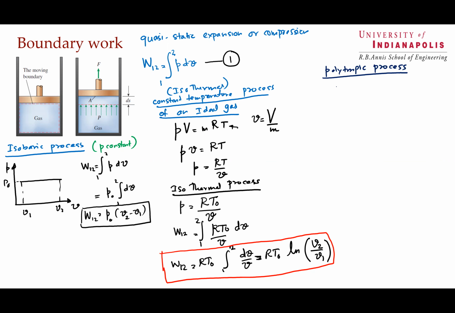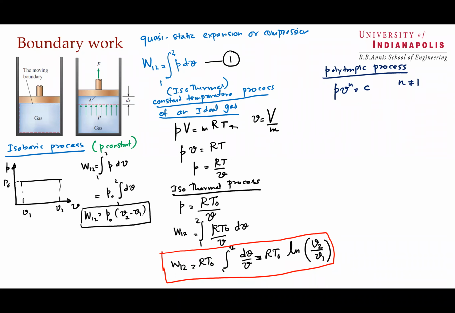If you have the polytropic relation, it is PV to the power n equals C, where n is not equal to 1, right? n is not equal to 1. Now, this polytropic process can be true for any substance.